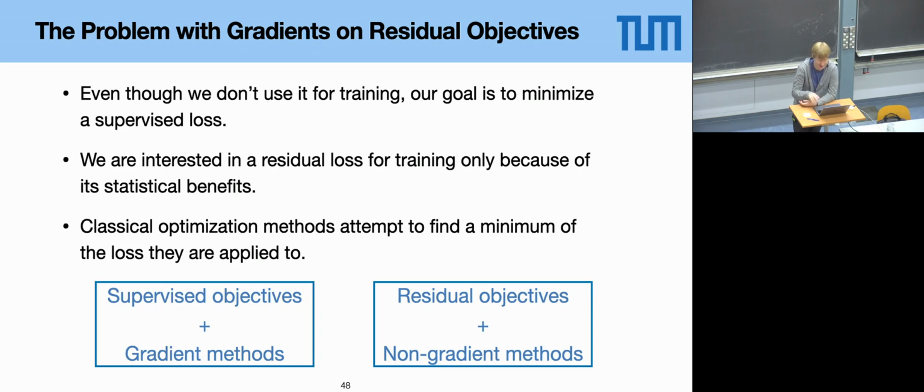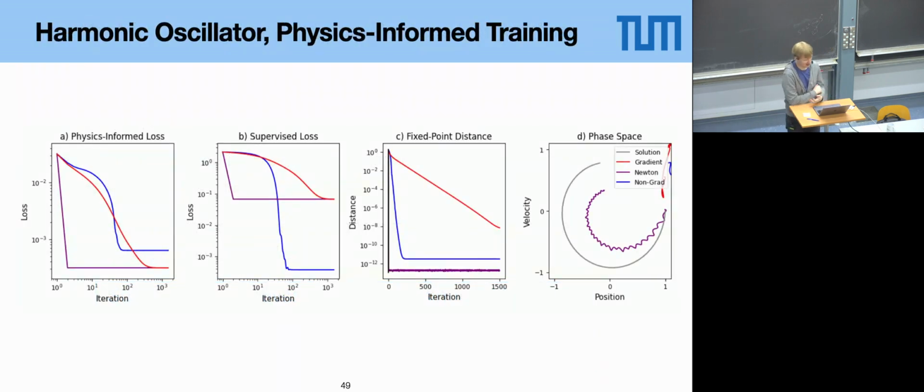This might seem a bit abstract, but here's a final example, which I hope will give you a rough idea of what is happening here. This is a harmonic oscillator problem, a prediction of a physical system. We do physics-informed training, because that's one form of residual training.